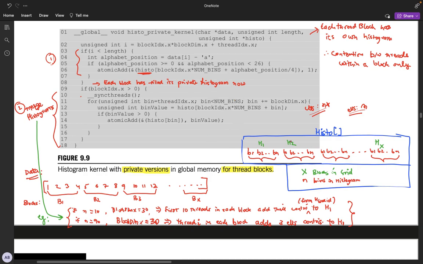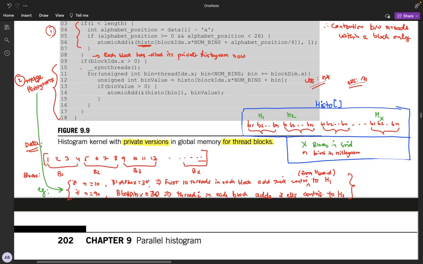In the second step, we make sure that all of the thread blocks with index greater than 0, that is h2 to hx, give their contribution to the first histogram in the merge step.